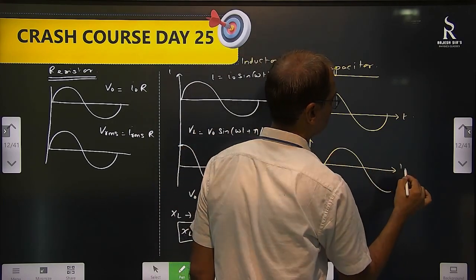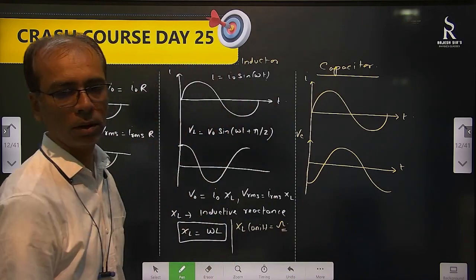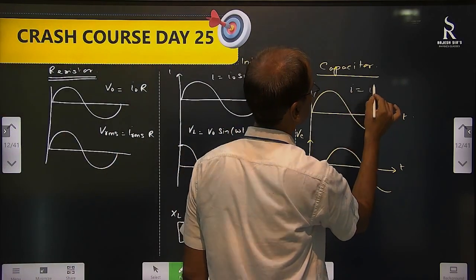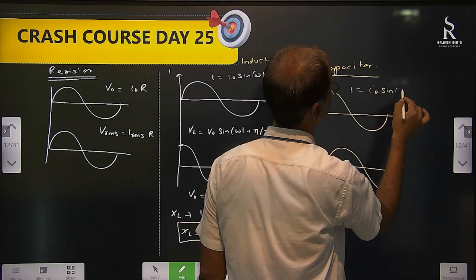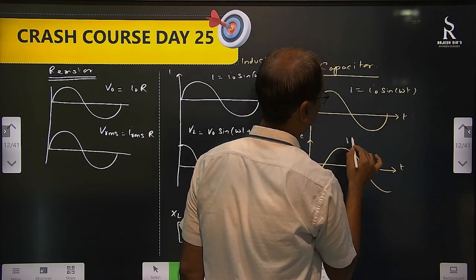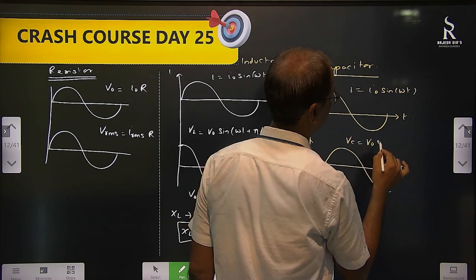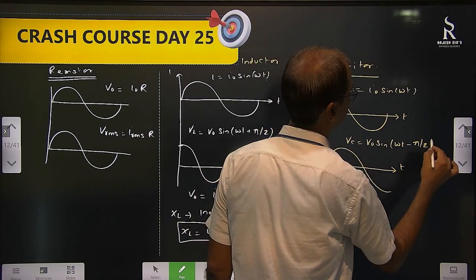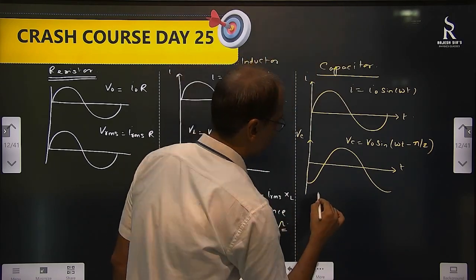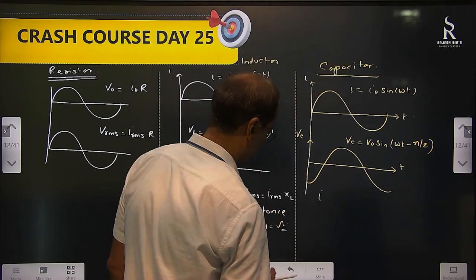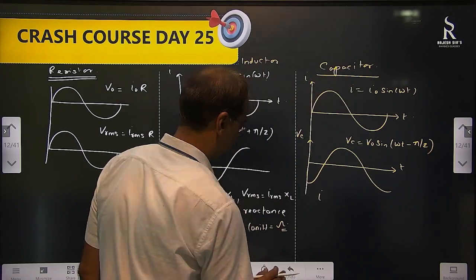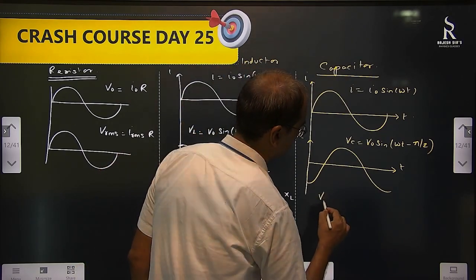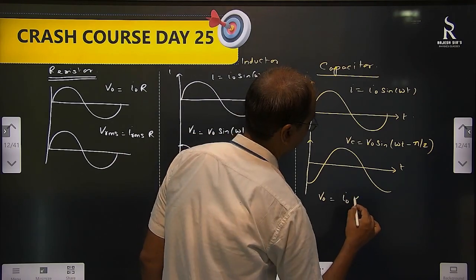VC versus t. So this is I naught sine omega t and VC equal to V naught sine omega t minus pi by 2. And V naught, not I naught, equal to I naught into XC.